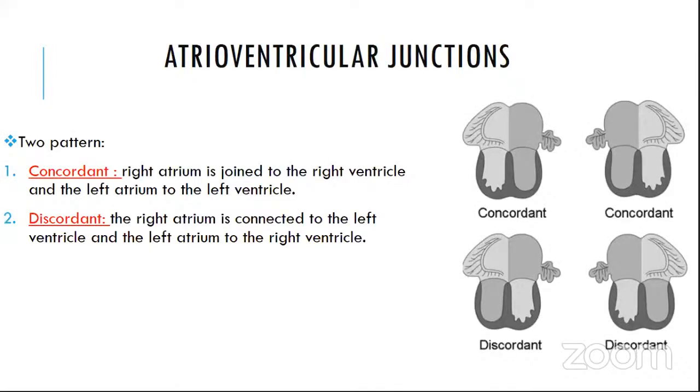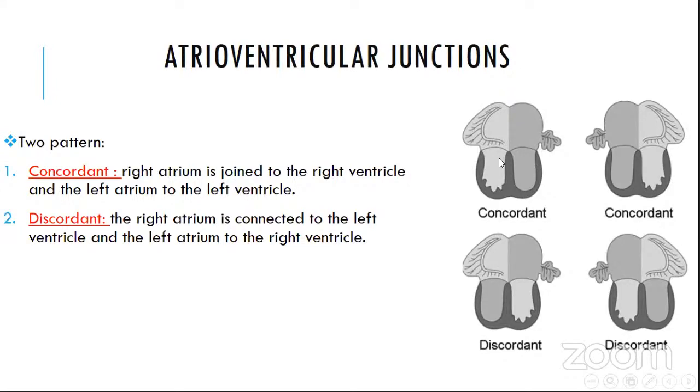For atrioventricular junctions, there are two patterns, concordant and discordant. Concordant if the right atrium is connected to the right ventricle and the left atrium is connected to the left ventricle.